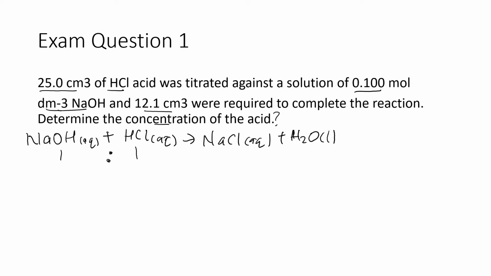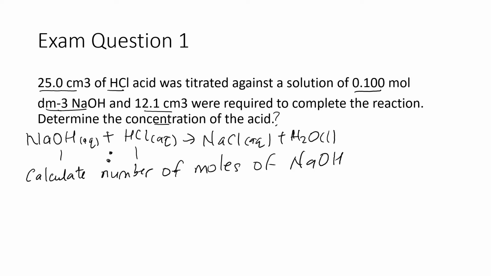The next thing we're going to do is calculate the number of moles of sodium hydroxide, and we know that we have been given 25 cm cube for the acid, so we're going to leave that at the minute.